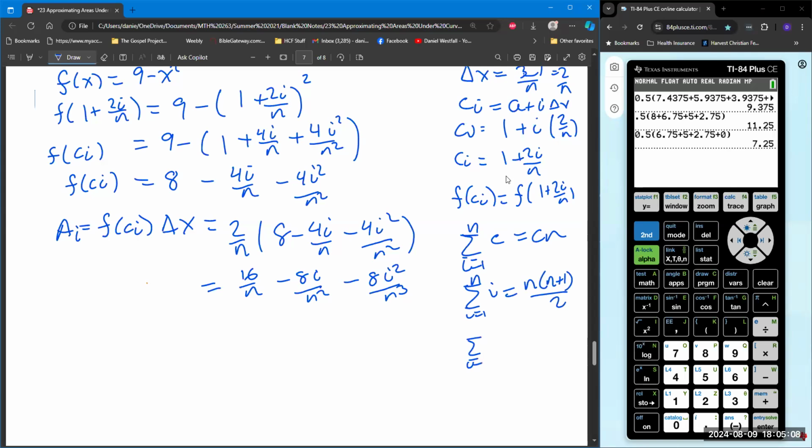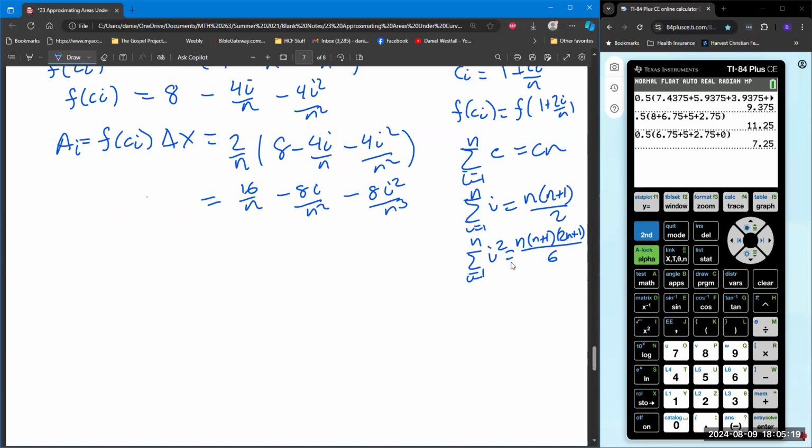The sum of i squared is n times n plus 1 times 2n plus 1 over 6. And the sum of i cubed is the square of this formula. That's n squared times n plus 1 squared over 4.